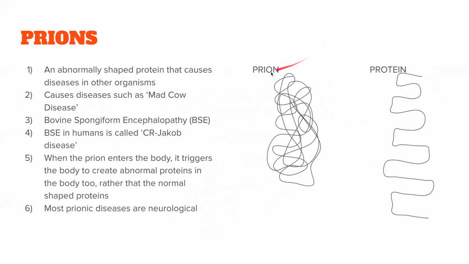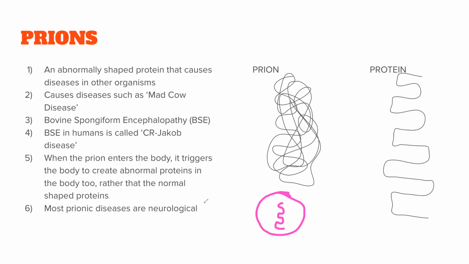Now let's go over to prions. So what is a prion? Viroid, prion, they sound the same and they are a little different. So prions I'll be writing with pink. Here you have your normal viral DNA. The genetic material here doesn't matter.